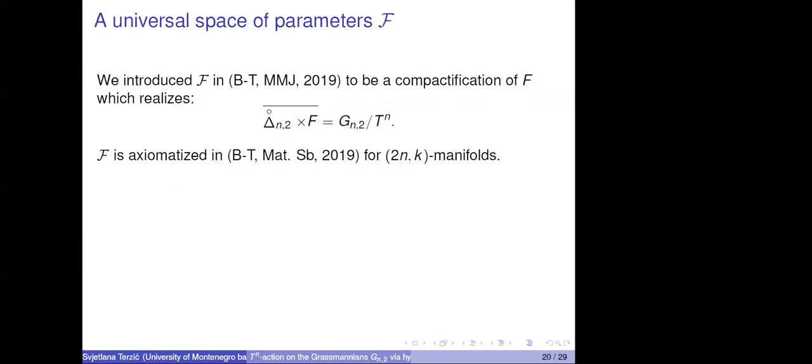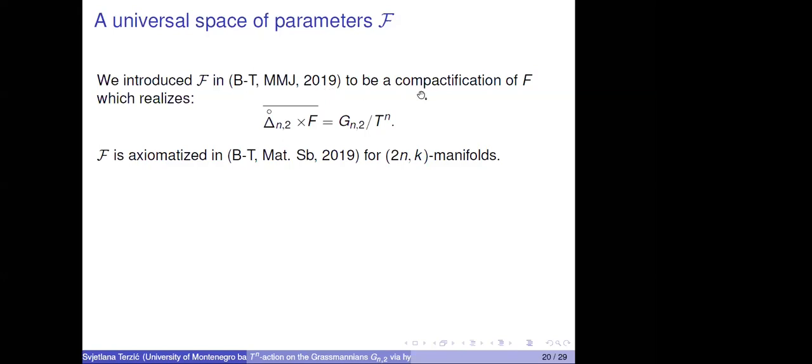And now the third ingredient, which we need, is the so-called universal space of parameters. We introduced it in our paper in the Moscow Mathematical Journal published last year.